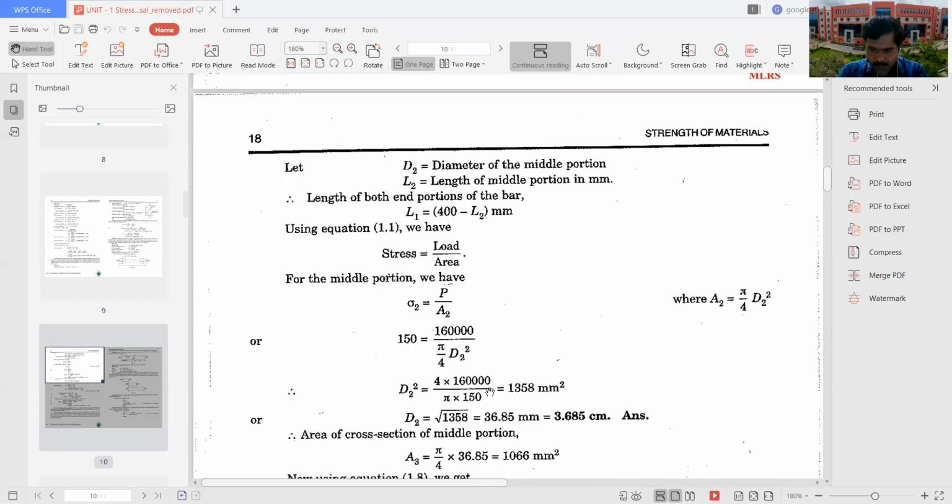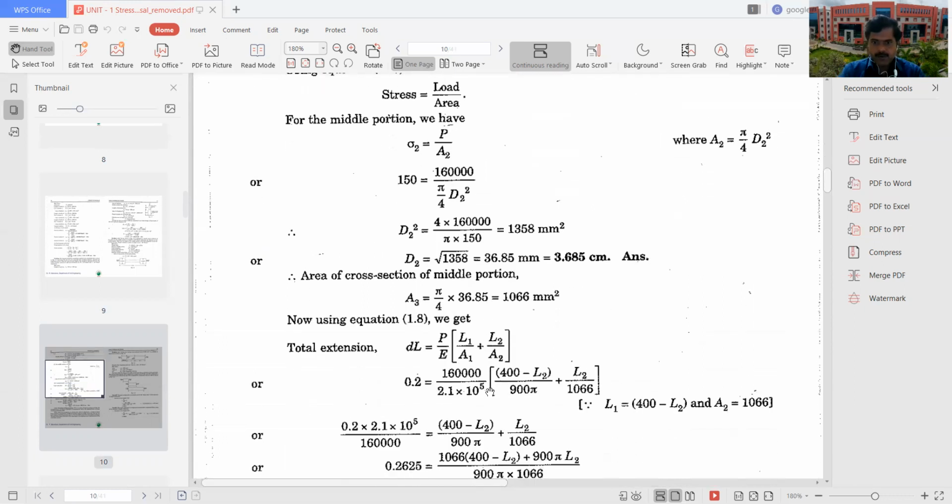So I can identify D2 value as 36.85 mm. Then the area of the cross section of the middle portion, A2, will be pi D2 square divided by 4, pi into 36.85 square by 4, so 1066 mm square.